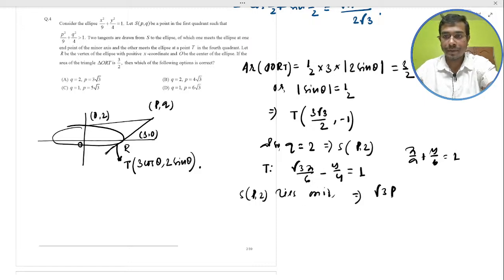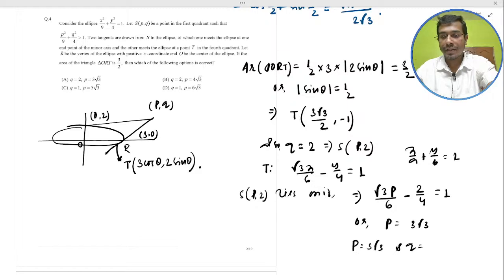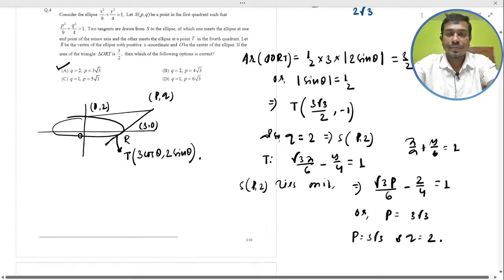That means root 3p by 6 minus 2 by 4 is equal to 1. Or you would get the p value, 3 root 3. So p is 3 root 3 and q is 2. Option A is correct. P is 3 root 3, q equal to 2.